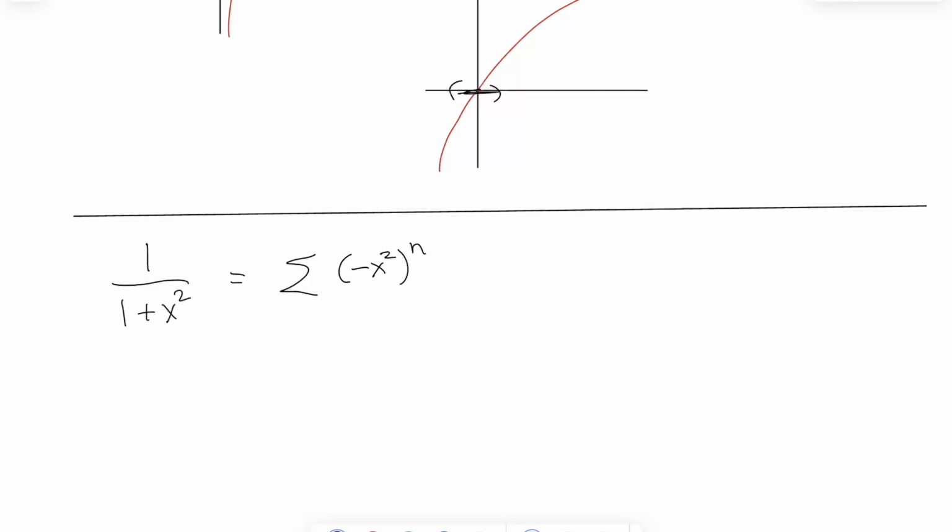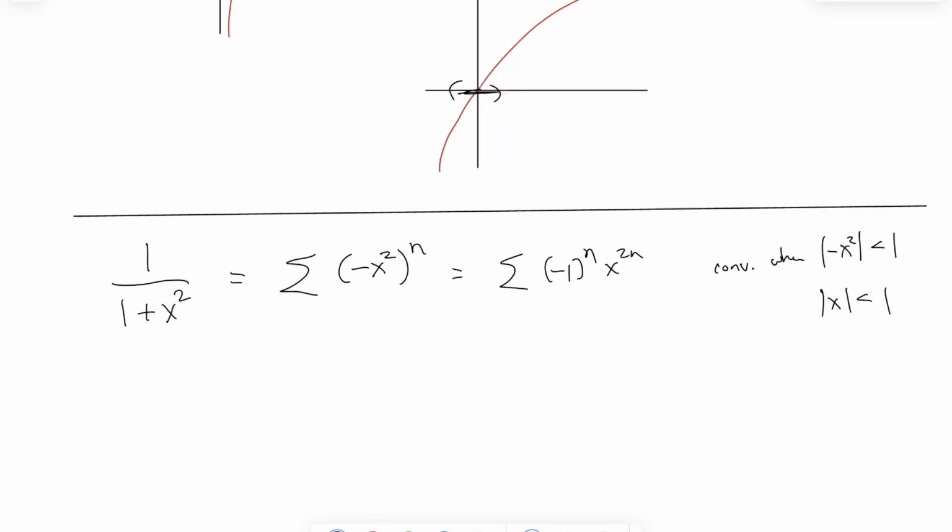Just plug into the formula that we used at the beginning. And then if I simplify a little bit, this is the sum of minus 1 to the n, x to the 2n. And then this one converges when absolute value of negative x squared is less than 1, but that's just the same as absolute value x less than 1. The minus in there doesn't matter because it's inside the absolute values, and then you can take a square root on both sides, and you just get that.